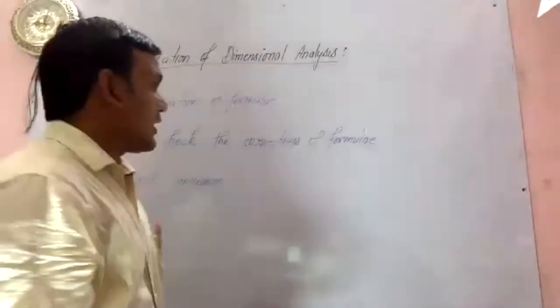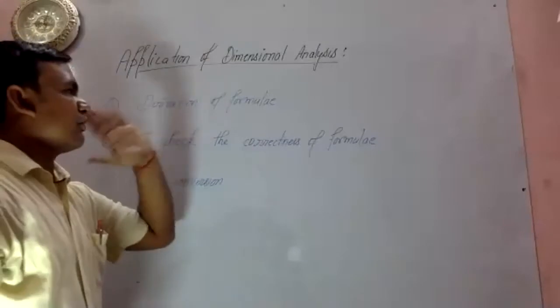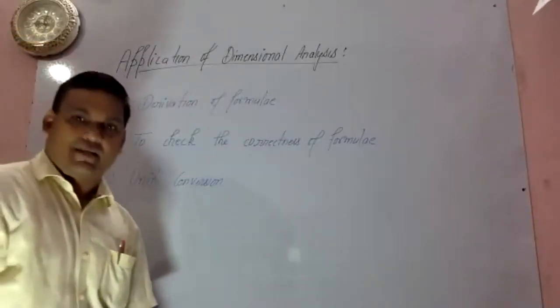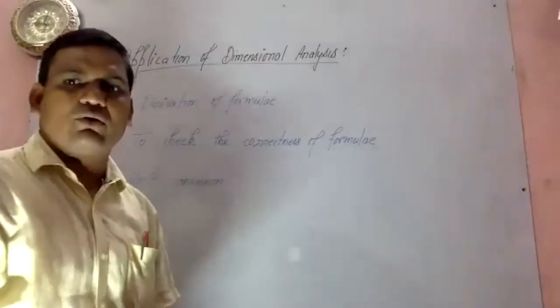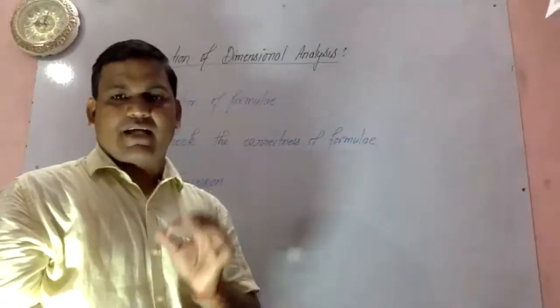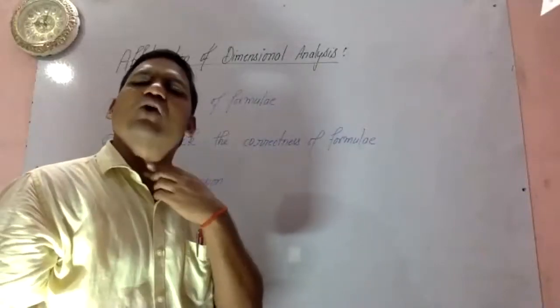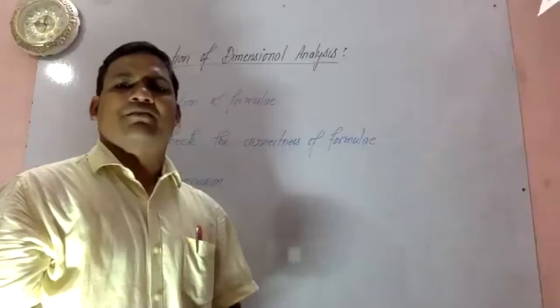Coming to the first one, derivation of formula using dimensional analysis, I will make it clear with one example, and I will give you an assignment on the basis of these questions. You have to solve it and show me in the next class.